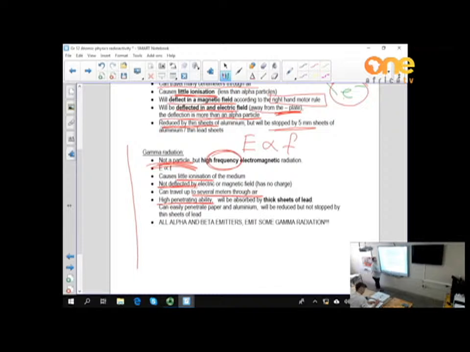We would be able to absorb it using very thick sheets of lead, but it can very easily penetrate paper and aluminium. It will be absorbed, but not perfectly stopped with thick sheets of lead. So if they want to stop gamma radiation, the Large Hadron Collider in Switzerland in Bern, do you know where it's situated?